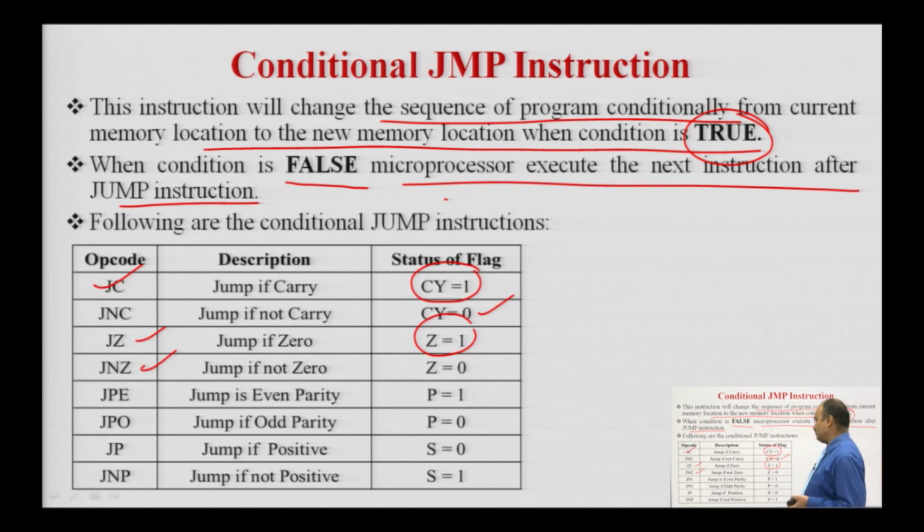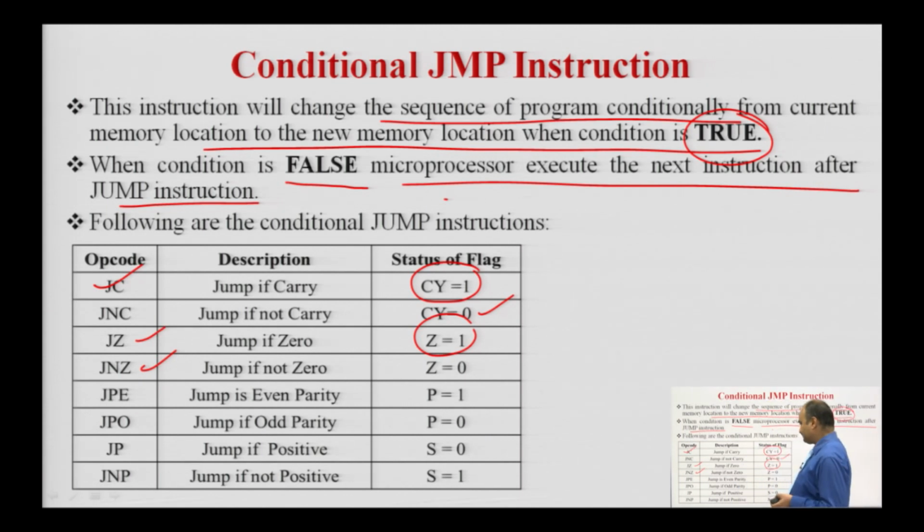Next instruction is JPE, jump if even parity. If the condition is true, meaning the even parity or parity flag is set to 1, then the processor will transfer the control from the current memory location to the new memory location. Otherwise, it will execute the next instruction.